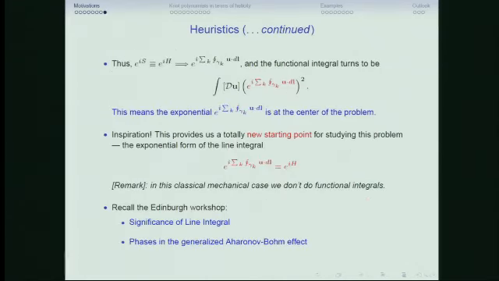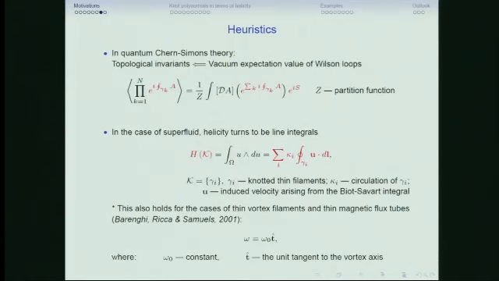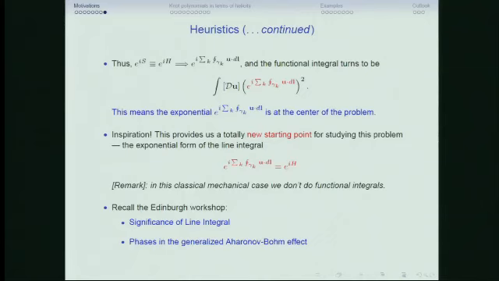Yeah, if we put the line integrals into the action, then this part will become this. From this expression, you can recognize that this exponential form of line integral is at the center of the problem.